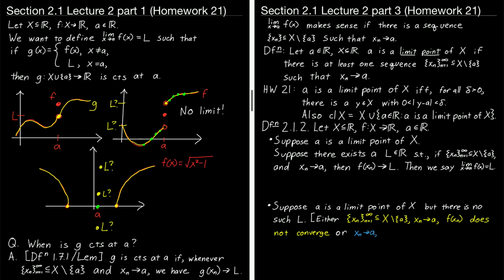I'm not going to write it down, but we require xn and yn both to be in X minus A. F of xn converges to L. F of yn converges to M. And we've got that L is not the same thing as M. So if either of those things are true, then we say that the limit as x goes to A of f of x does not exist.